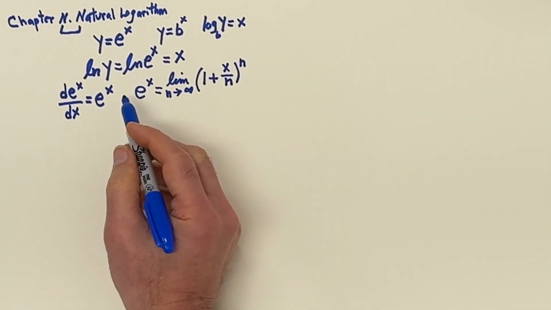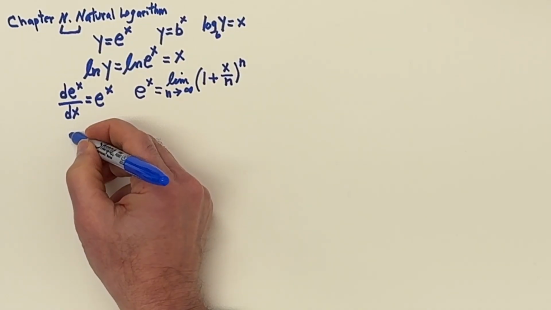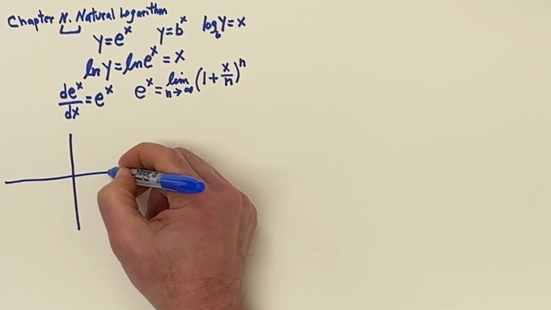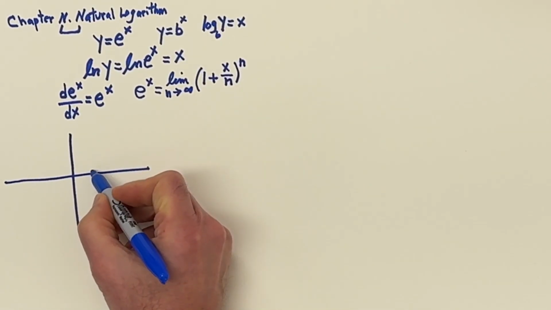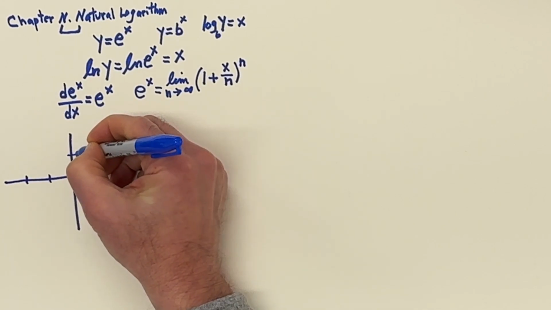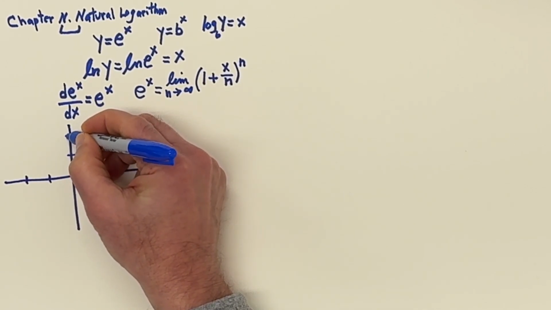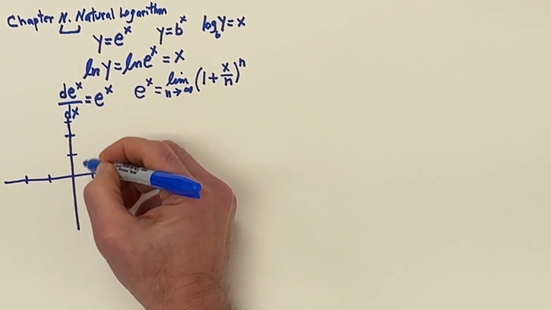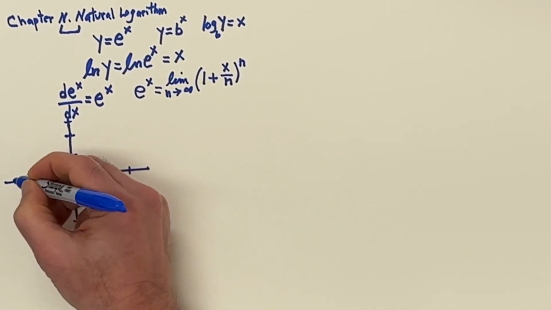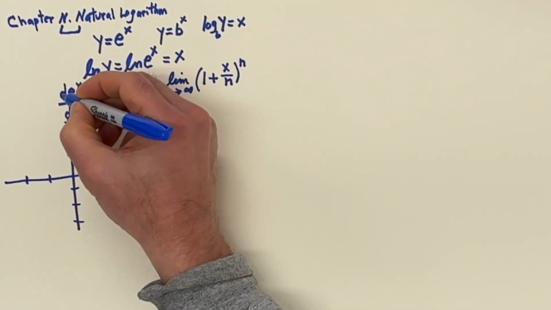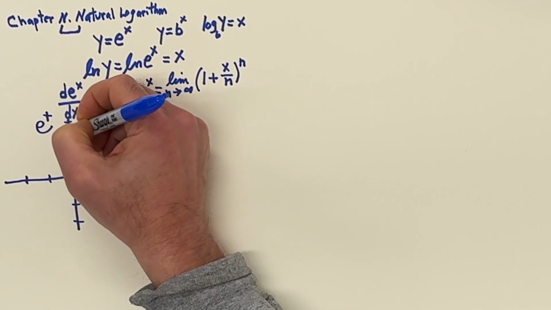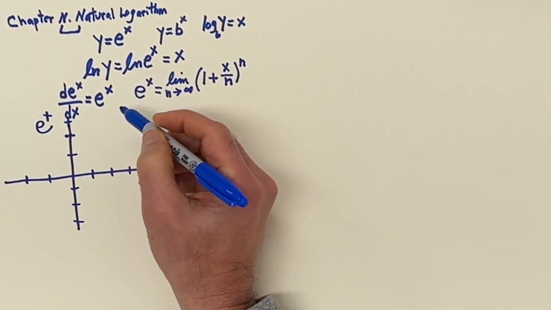So what about this inverse function? Well, remember for inverse functions, we have our trick where we're going to look at a reflection. So this is x, and this is, say, e to the x along this axis.